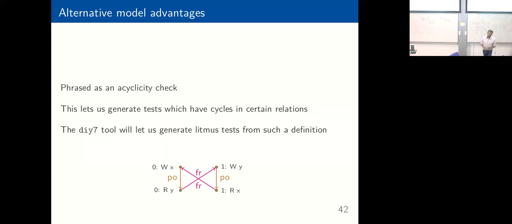Well, it has to get its value from somewhere, right? Somewhere before that store. So we need an initial value that would give its value to said load. And that initial value now better be coherence-before this store. That's what FR means.